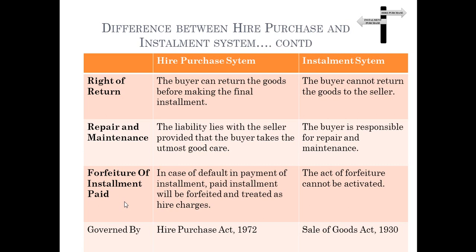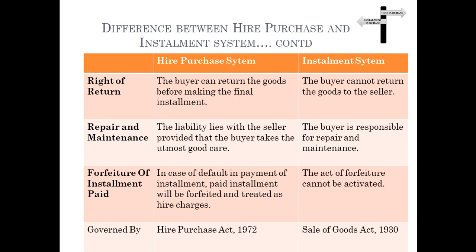Forfeiture of installments paid. Forfeiture means cancellation. On this basis, in case of hire purchase system, in case of any default in the payment of any of the installments, already paid installments will be forfeited, cancelled and treated as hire charges.